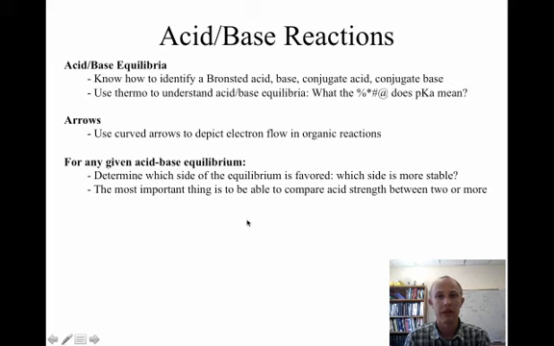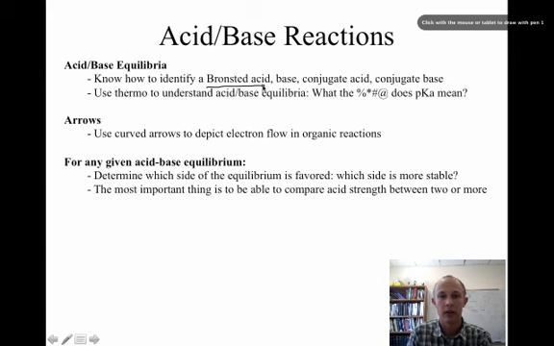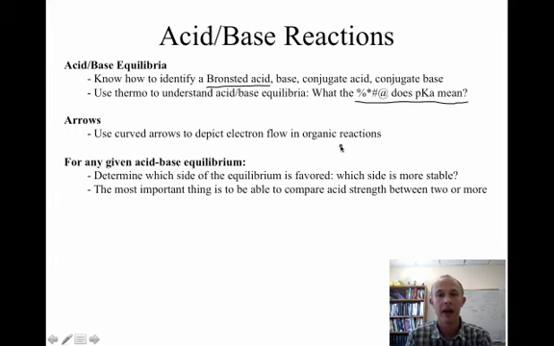So for this lecture, what we talked about was defining Bronsted acids. Remember, a Bronsted acid is going to be a proton donor. A Bronsted base is going to be a proton acceptor. I want you to understand what pKa means. Bigger pKa's mean weaker acids. Smaller pKa's mean stronger acids. For the rest of the semester, we're going to be using curved arrows to show how electrons are rearranging themselves in organic reactions.